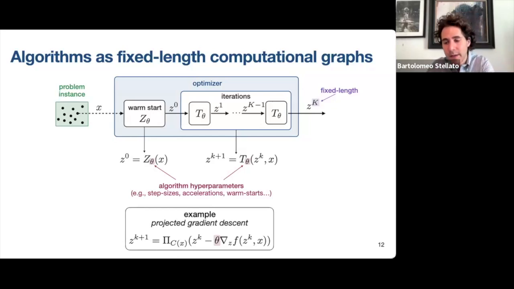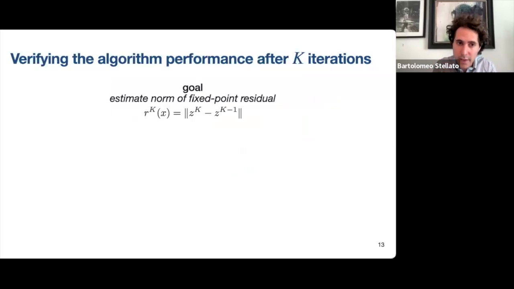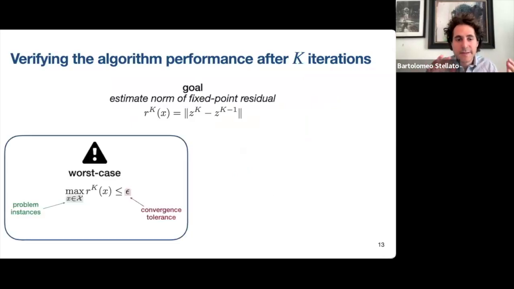So if we look at the algorithms in this way, then we can ask two interesting questions. The first one is what happens to the fixed point residual in the worst case? If you have a set of instances X that lives in a set calligraphic X, then we may ask what's the largest norm of the residual that I can achieve by changing the instances within the set of instances that I'm working with.